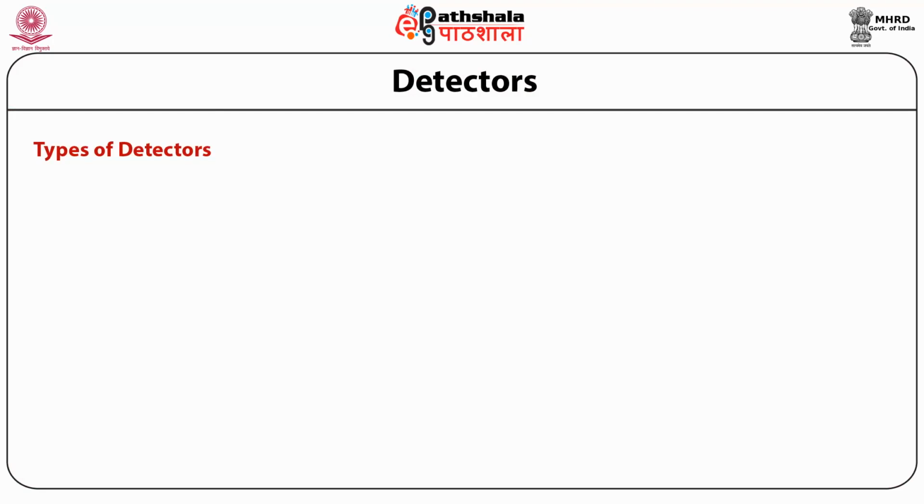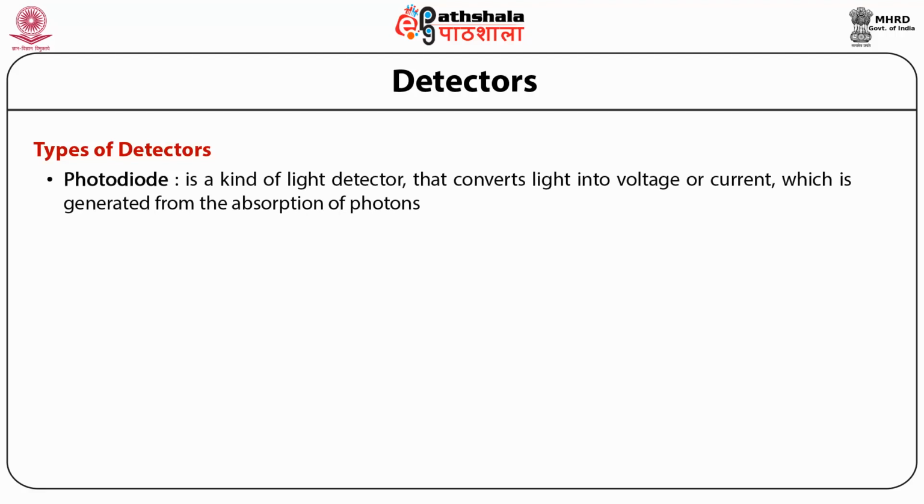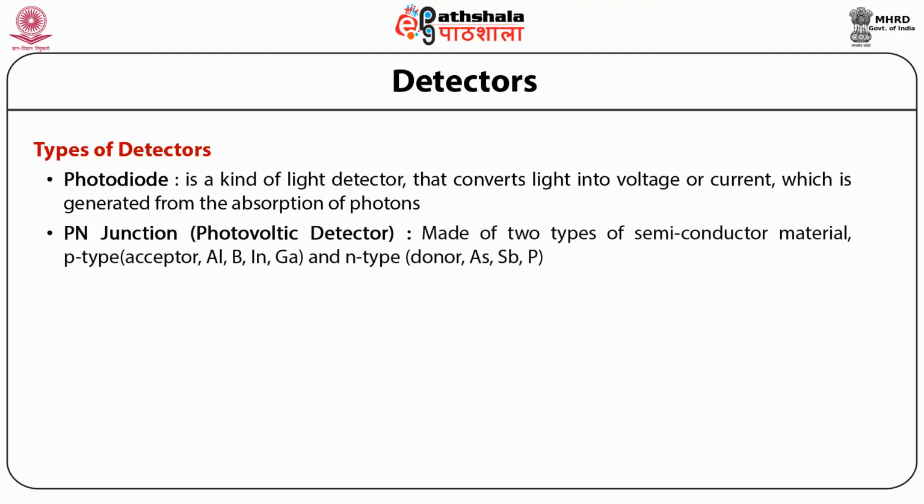Various types of detectors are available, ranging from photodiode to photomultiplier tube. Photodiode is a kind of light detector that converts light into voltage or current, which is generated from the absorption of photons. A PN junction or photovoltaic detector is made of two types of semiconductor materials.